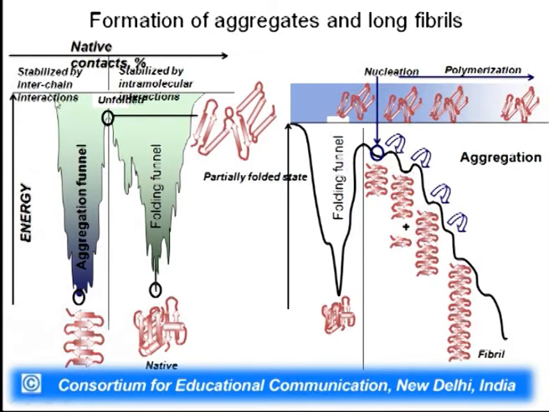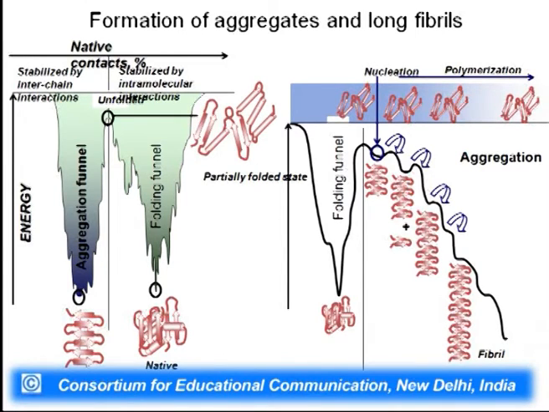And you can see how separated it is from the aggregation funnel, and this local minima of aggregation and folding are of equivalent energy, and to go against this barrier and reach the folding funnel is very difficult.